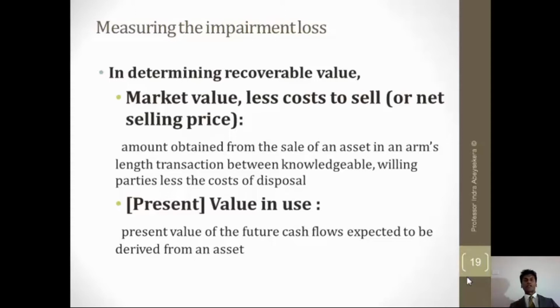One is sell the asset, company can sell the asset and recover money, or keep the asset and use it, generate cash inflows. So logically, a company will do whichever is giving the higher cash flow. So we take the higher of the two.